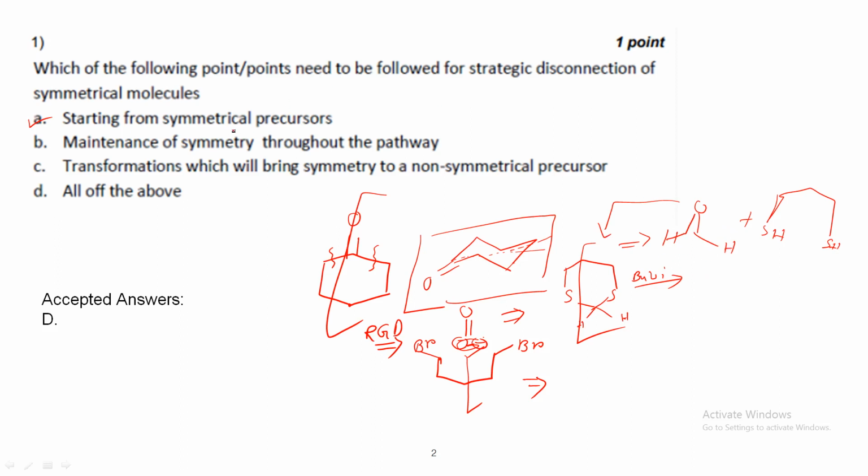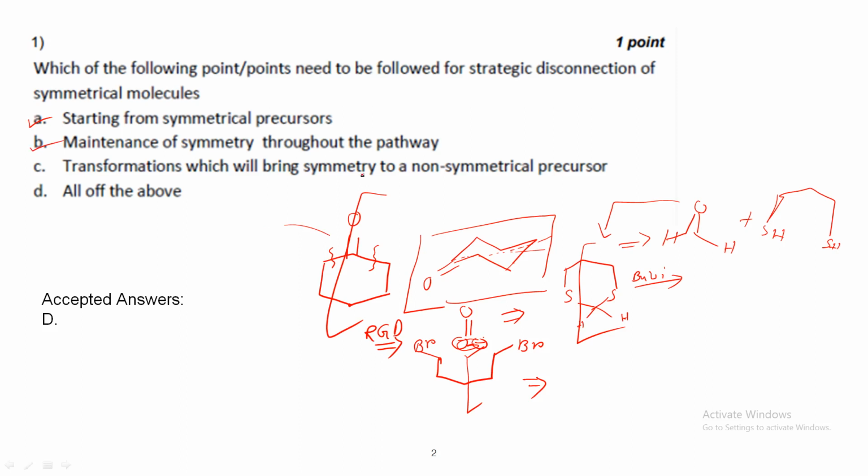So the starting materials have the same sigma plane, or you can say one of the symmetry elements present in our target molecule. So we maintain the symmetry throughout the pathway. In this itself, you can see we try to maintain the sigma plane for any kind of disconnection. So this is also one of the right answers.